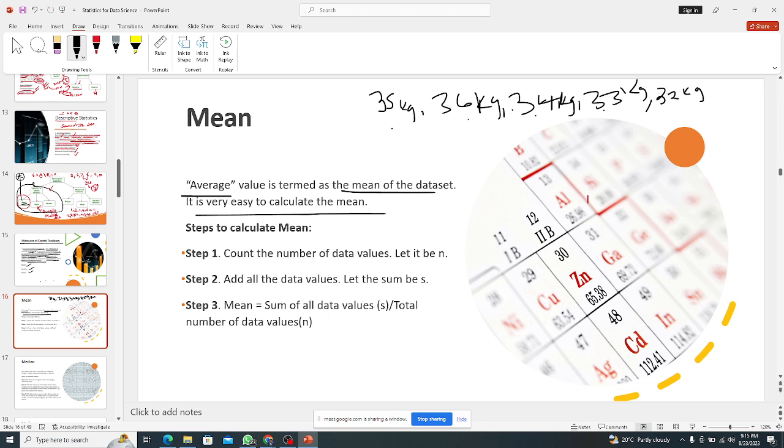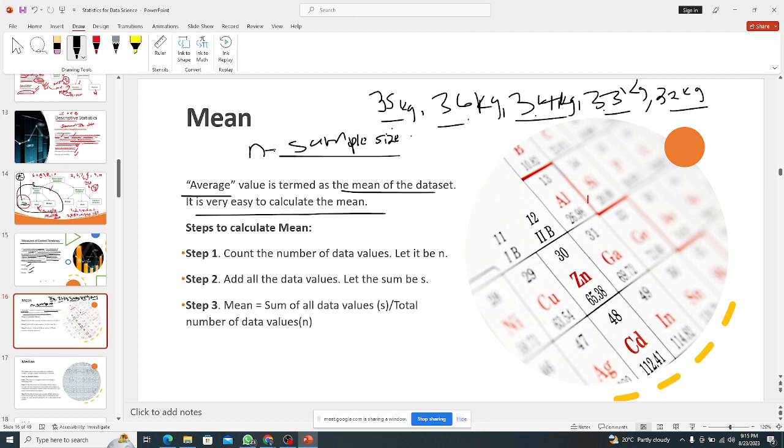Definitely here we have what we call n. N, we usually call it the sample size. N is the count of all these weights.